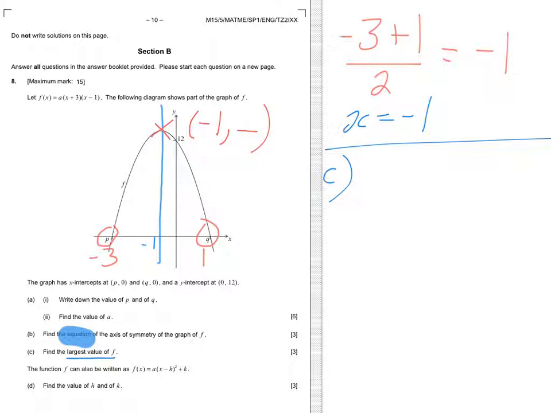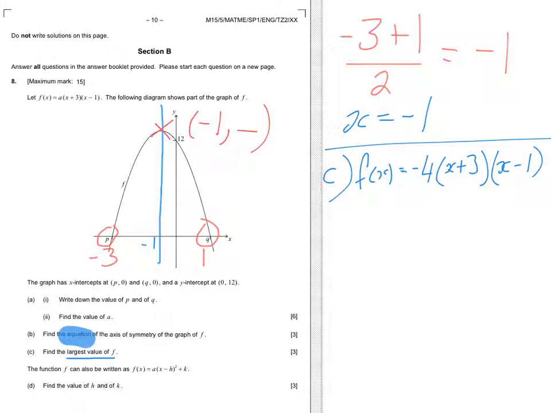Well, we know that f of x is equal to -4, that was in part A, x plus 3 times x minus 1.